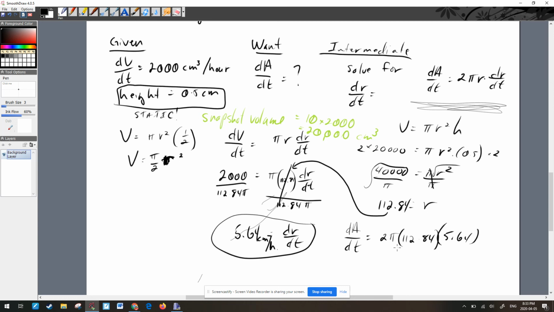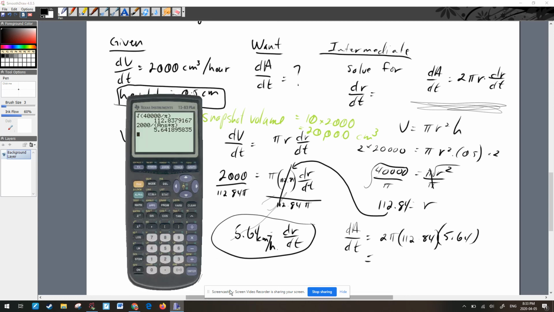So I'm going to drop that all into my calculator, right? So I'm going to grab my calculator here. We're going to do 2 times pi times 112.84 times 5.64. And we're going to find out that I didn't type it in properly.